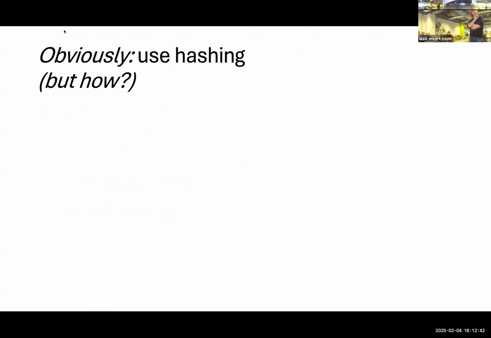Okay. So, yeah, you're going to use hashing. And the question is just, what's the right way to do it? And if you've been around, you've seen that that's how you're going to reduce to unique.